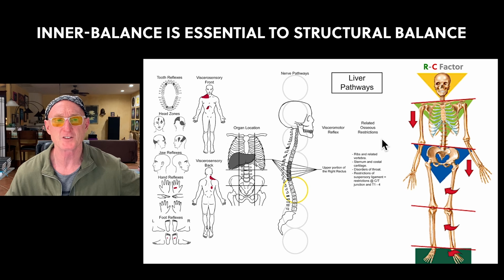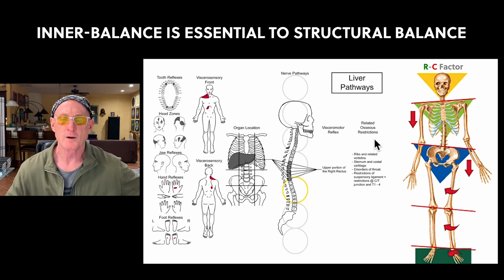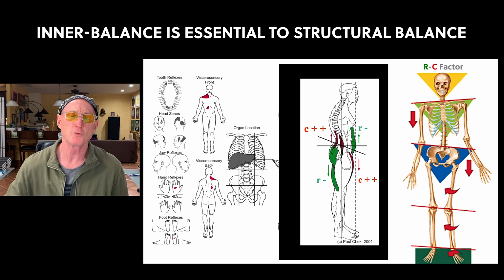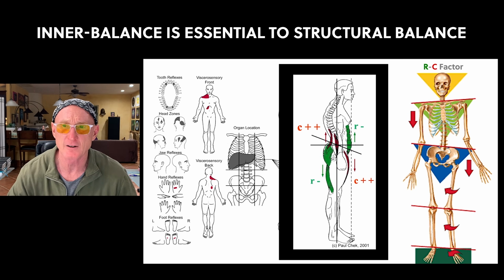They disrupt the resistance contraction factor, which, by the way, I need to go back and tell you, you remember that RC factor diagram. If you have contraction in a muscle, such as, let's say, your liver's causing your abdominal muscles to be too tight to dissipate energy, that causes contraction.